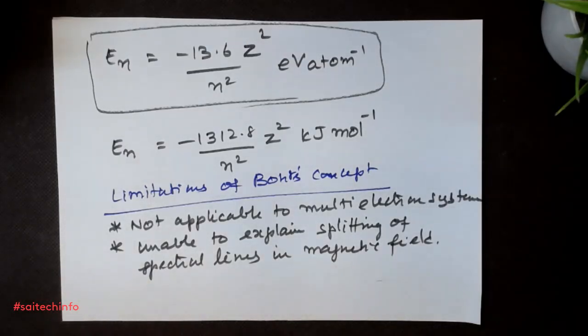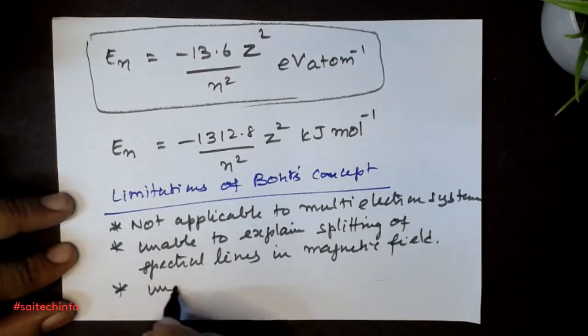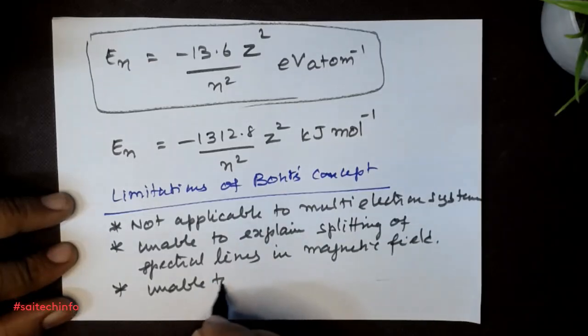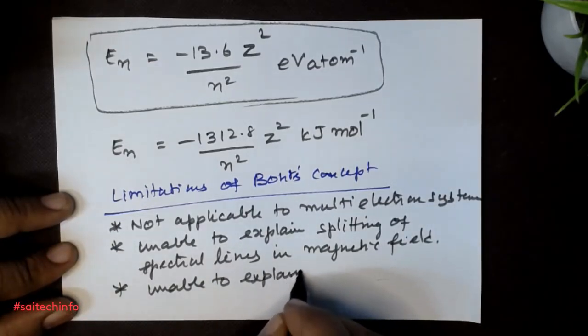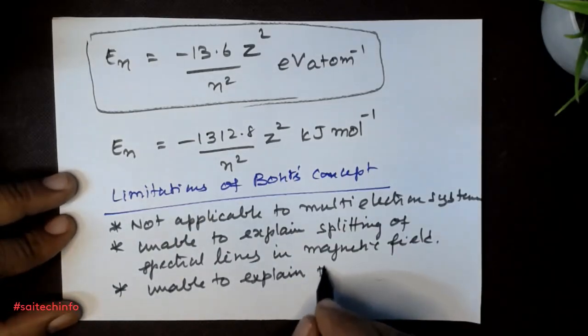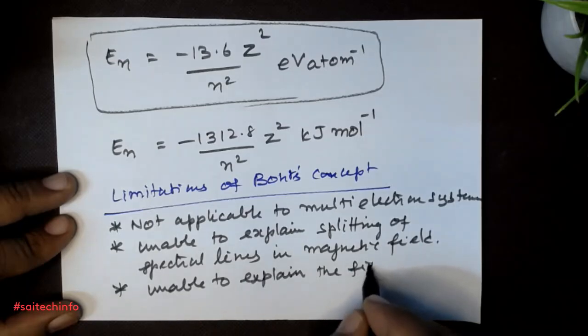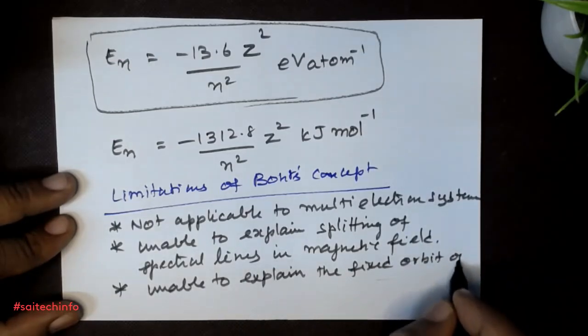Then he was unable to explain why the electron is restricted to revolve around the nucleus in a fixed orbit. Unable to explain the fixed orbit of electron.